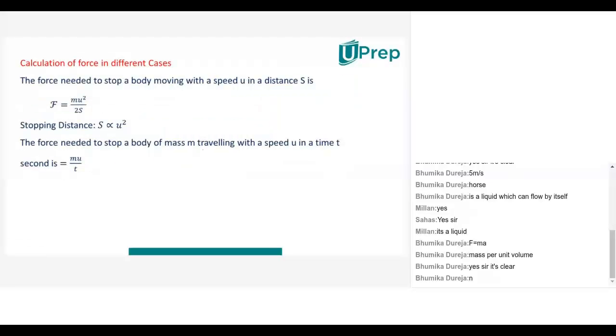And next one, the force needed to stop a moving body with a speed u in a distance s will be given by mu square by 2s. How is F equal to mu square by 2s?